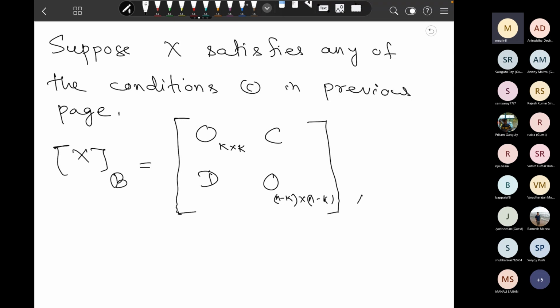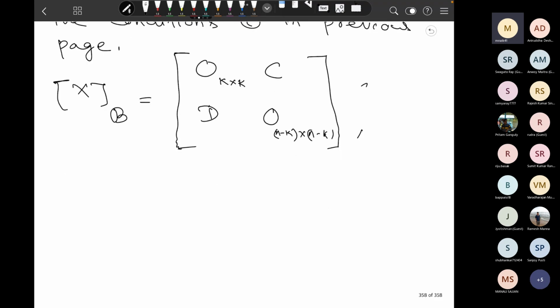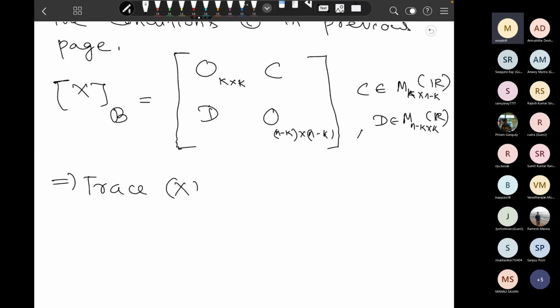C belongs to M k cross n minus k. D belongs to M n minus k cross k. That means the trace of X is equal to 0.